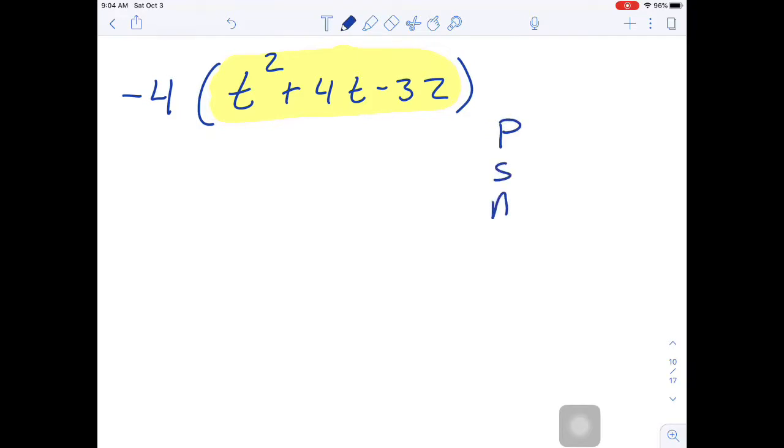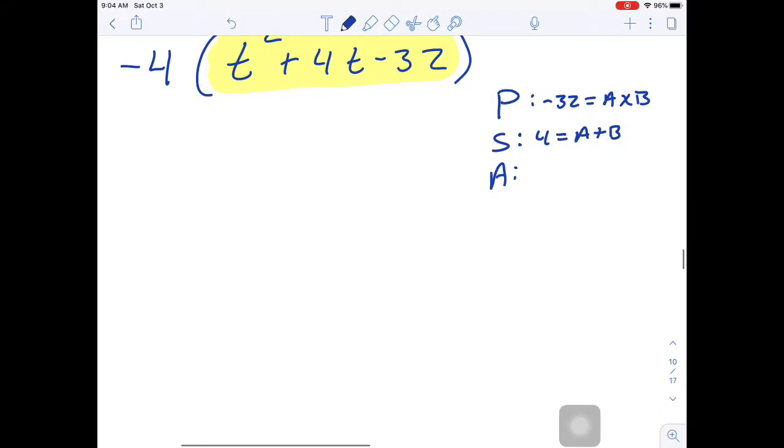So if I apply PSA here, my product will be the constant. So negative 32 equals two numbers multiplying together. My sum is positive 4. So those same two numbers, can they add to 4? And then from here, we are going to figure out the factors of negative 32 and talk about if they can add to positive 4.